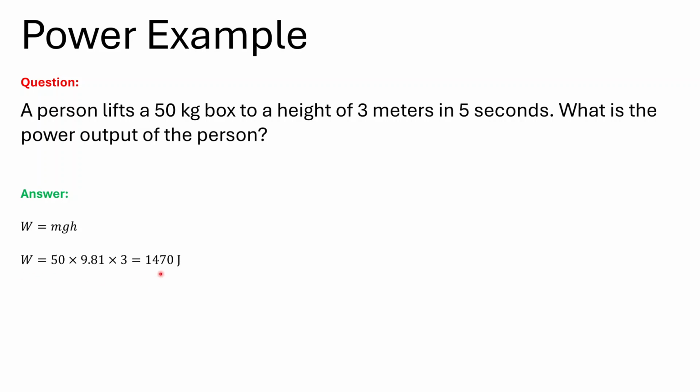So the work equals 1470 joules. In the next step, we have to divide the amount of work by time, which is given as 5 seconds, to get the power. So plugging in these numbers, P equals 1470 divided by 5 equals 294 watts.